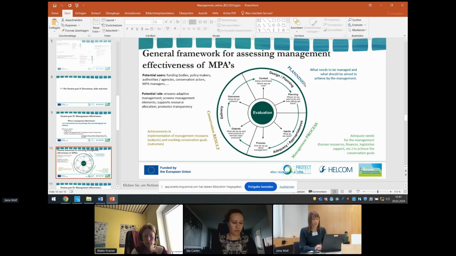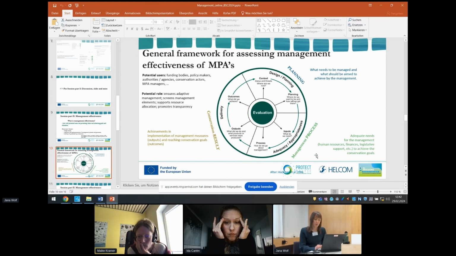So this is the general framework you see here for assessing management effectiveness of MPAs. If some of you are familiar with the previous action project, there you could see a similar framework. So the first one deals with the planning: basically what needs to be managed and what should be aimed to achieve by the management.